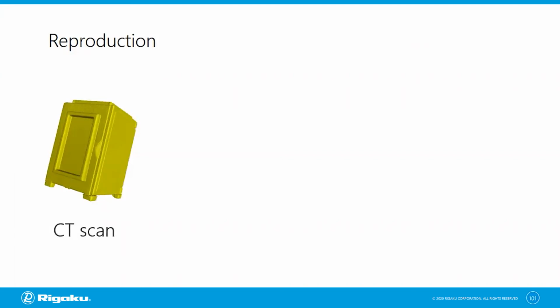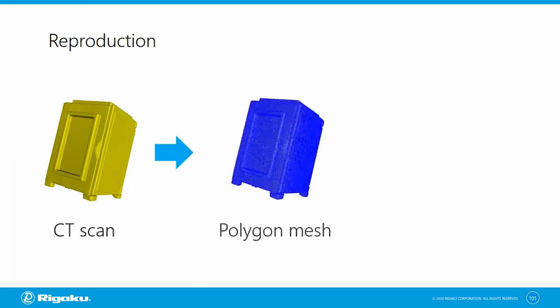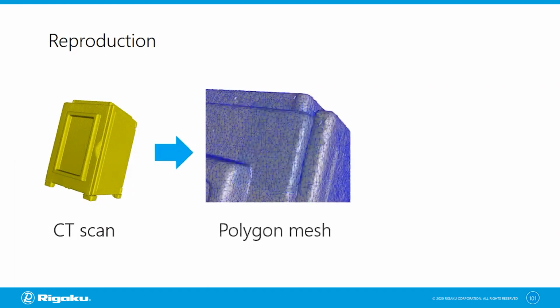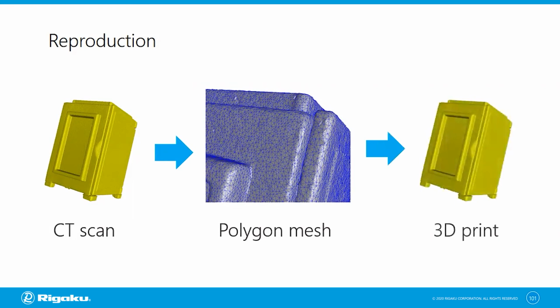In that scenario, you can scan this object and convert the CT scan into a polygon mesh. And at this point, it's just a polygon mesh. So you can feed this into a 3D printer to make another one. So this is the use of X-ray CT for reproduction.